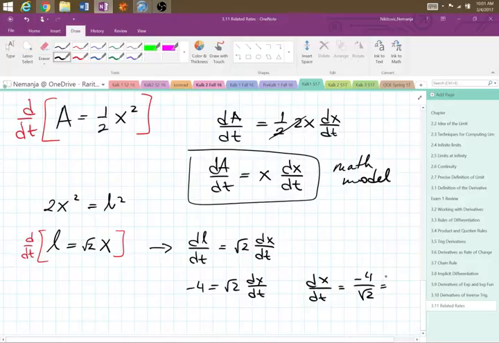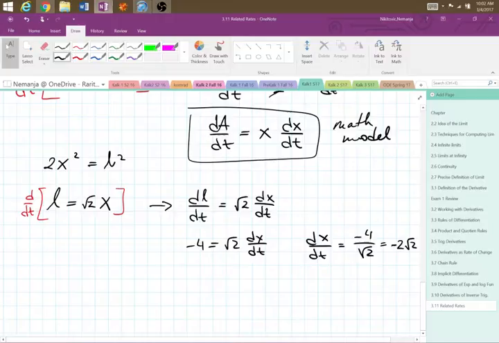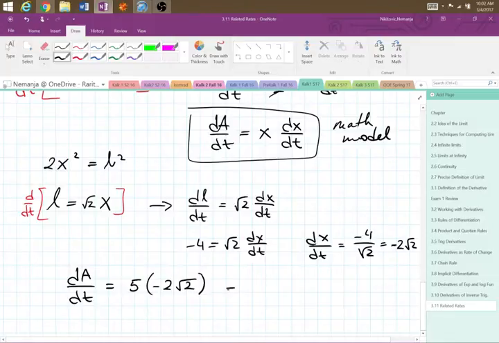Times root 2, so -2 root 2. Now I can plug everything in. dA/dt, what I'm looking for, is equal to x, they said that's 5, times -2 square root of 2, which is -10 root 2 meters squared per second.